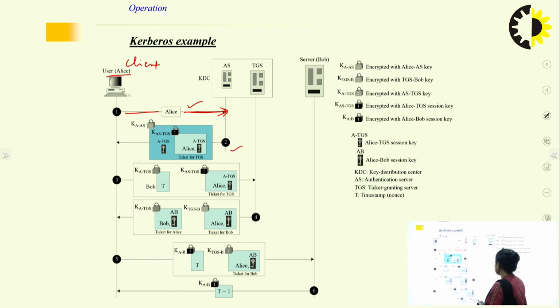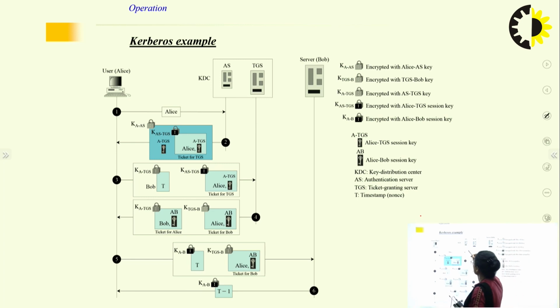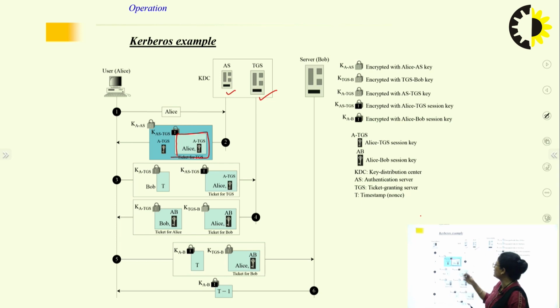Now, what is the second step? In the second step, the authentication server generates a key, because Alice needs a key. To access the key, Alice has to connect with TGS, because only from TGS can it get the key. So the authentication server gives a key.